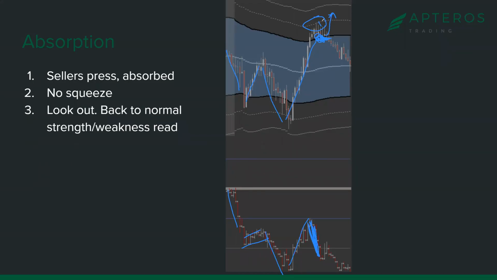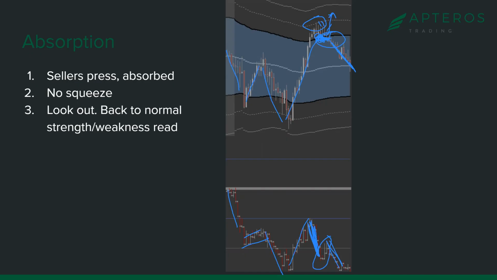You see wick, wick, wick. And here's the real try, right? They try and push it. Nothing happens. And here come the sellers back again. They didn't get squeezed, so we could use that as a reversion back to bearish instead of being bullish because of the absorbed sellers.